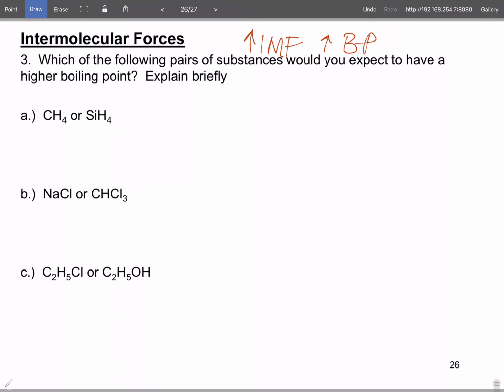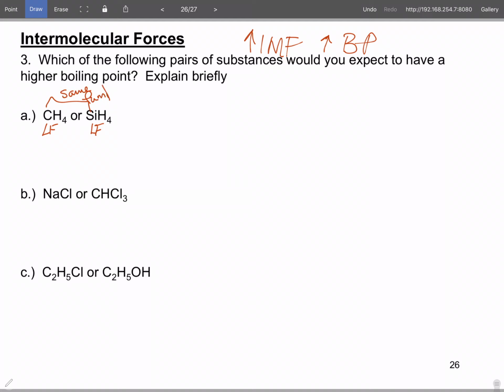Okay, so if we look at this, CH4, which is methane, and we said that carbon-hydrogen bonds are nonpolar. So the only thing we've got here is carbon-hydrogen. So it's London forces. The other one is London forces as well, because silicon's not very electronegative. Carbon and silicon are in the same family.